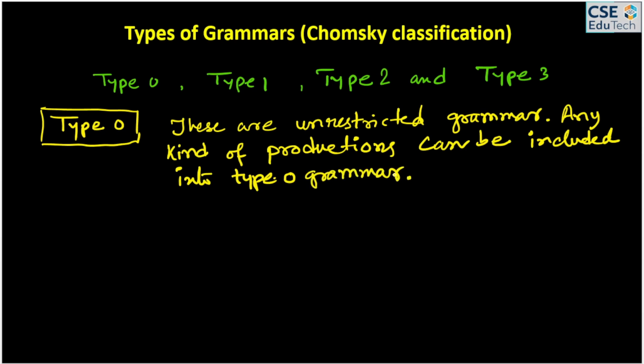Okay. So, recursively enumerable languages basically belong to the type 0 grammar.